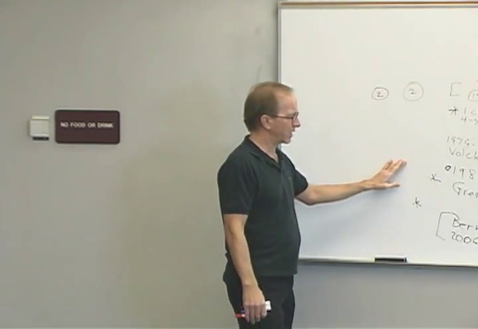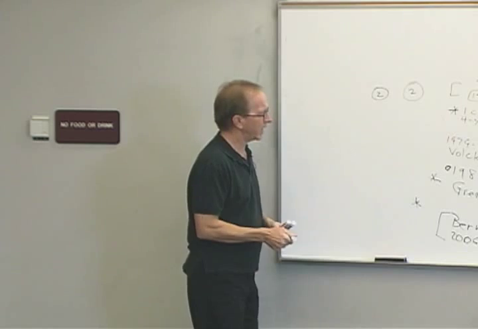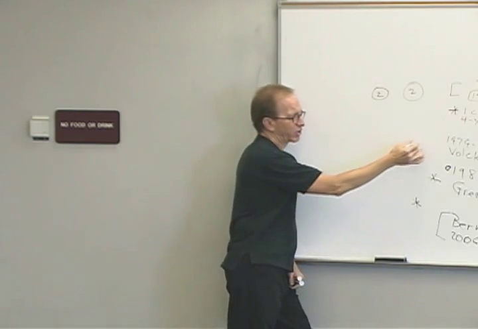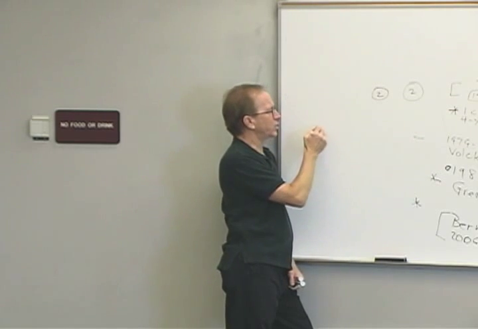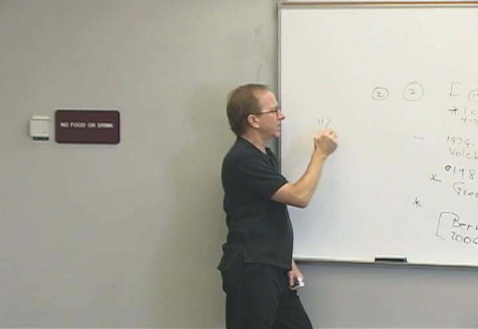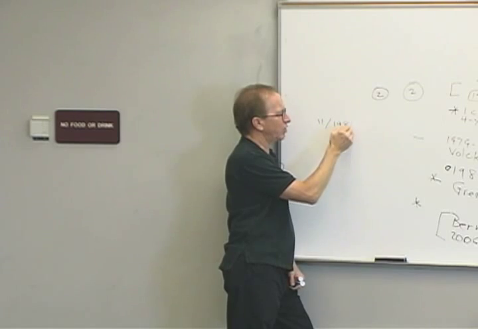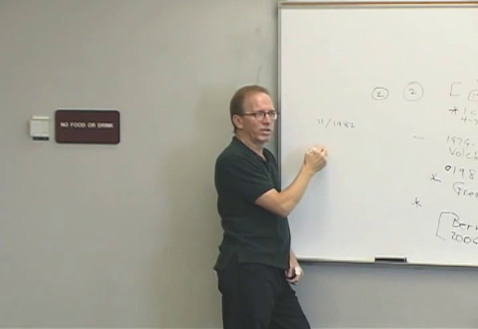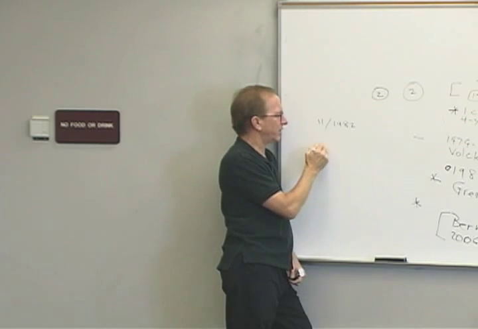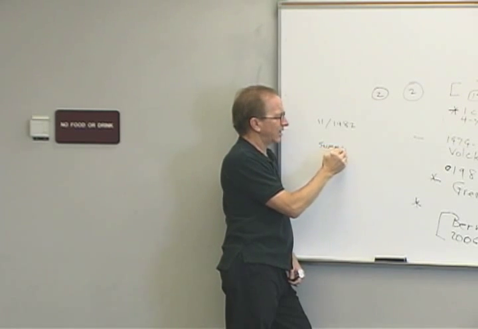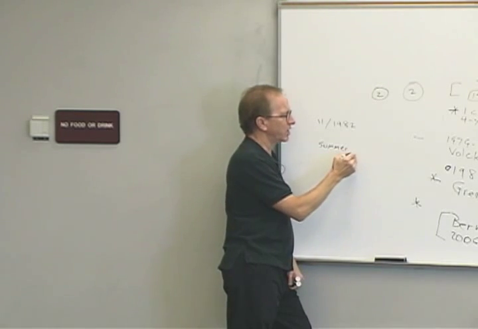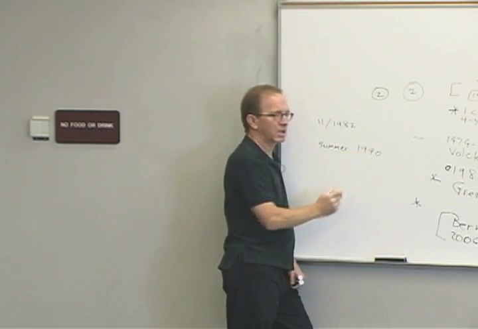Under Greenspan, the United States went from, well, it actually started with Volcker, but we had a recession that ended in November 1982. Our next recession was in the summer, I'm not exactly sure what months, but like June through September of 1990.